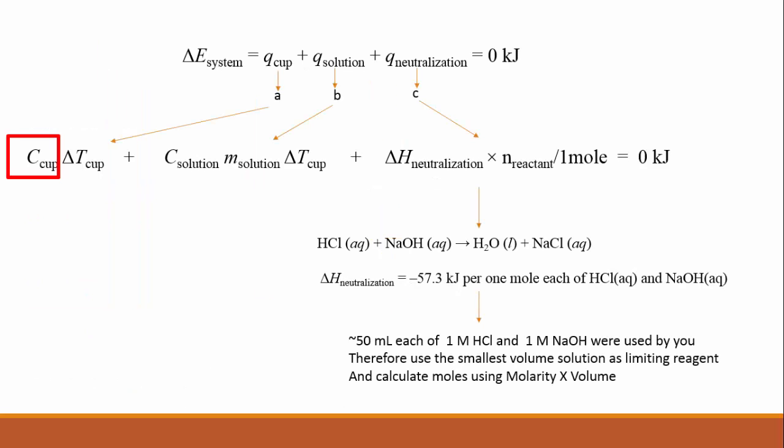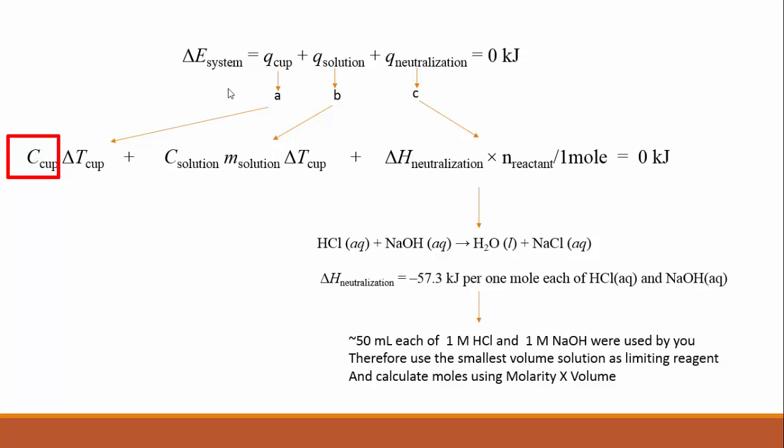Okay, so let's look at each of these terms in turn. The heat that's absorbed by the cup is going to be equal to the heat capacity of the cup, so that's the C cup over here, times the change in temperature of the cup. The change in temperature of the cup is the temperature that you recorded after neutralization, once the system has reached equilibrium.